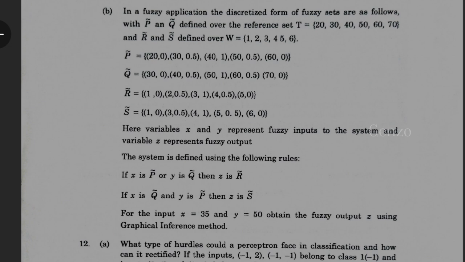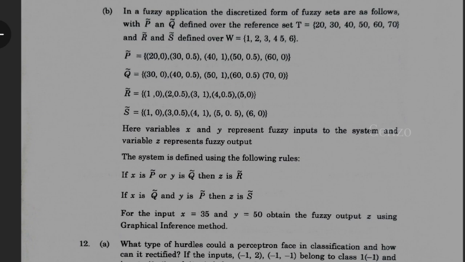P equal to 20, 0.2, 30, 0.5, 40, 1, 50, 0.5, 60, 0. Q equal to 30, 0, 40, 0.5, 50, 1, 60, 0.5, 70, 0. R equal to 1, 0, 2, 0.5, 3, 1, 4, 0.5, 5, 0. S equal to 1, 0, 3, 0.5, 4, 1, 5, 0.5, 6, 0.